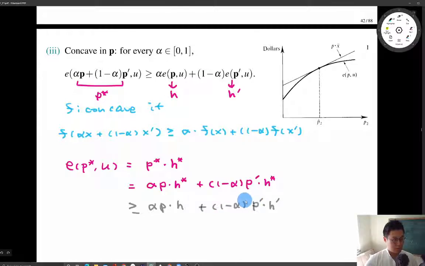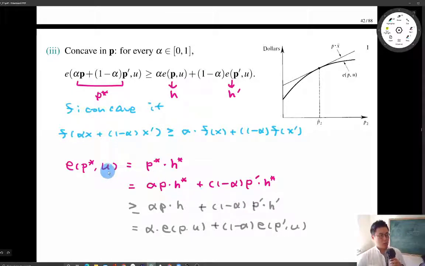So this is alpha times E of P plus 1 minus alpha times E of P prime. So we have the desired inequality.